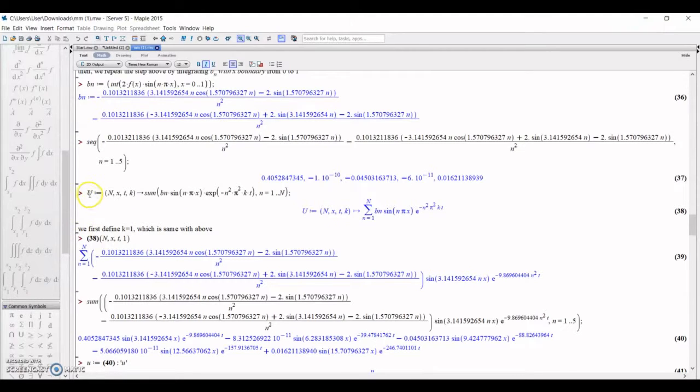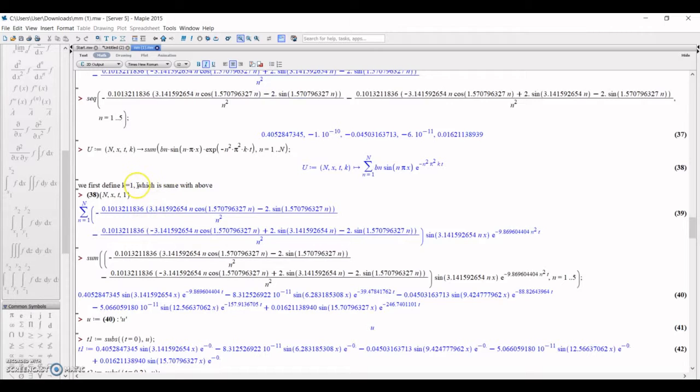After that, we code u in terms of n, x and k, with the summation of bn times sine n pi x times exponent negative n squared pi squared kt, with n equals 1 to n. So here is the summation equation.